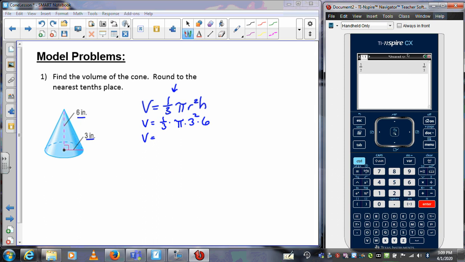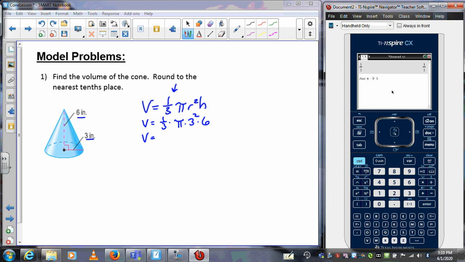That should give you 0.3 repeating on your calculator screen. And then just keep hitting the rest of the problem. So go times pi times 3 squared, which is 9, times the height.